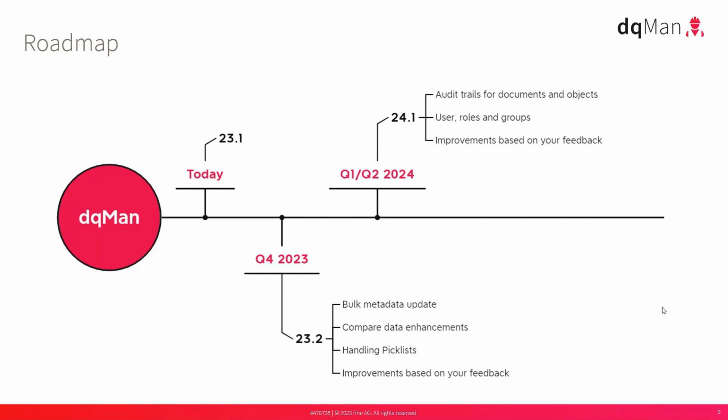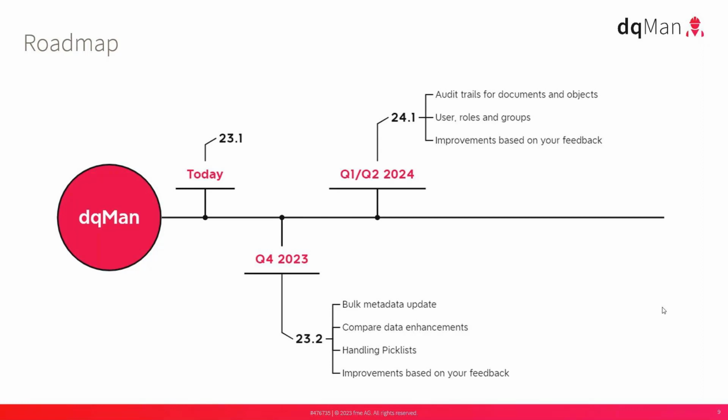We also want to provide an easy way for handling big lists, for example, to bulk create big list values. And we leave some space for new features and improvements requested by our customers.